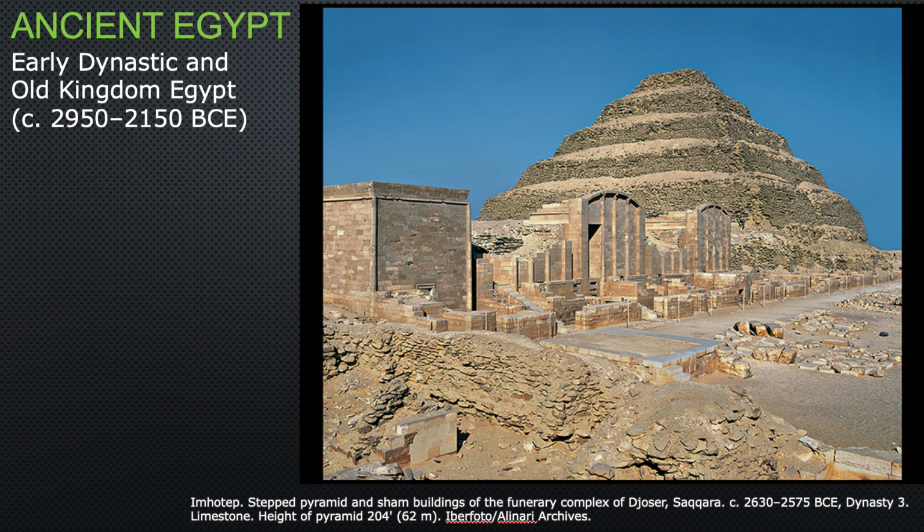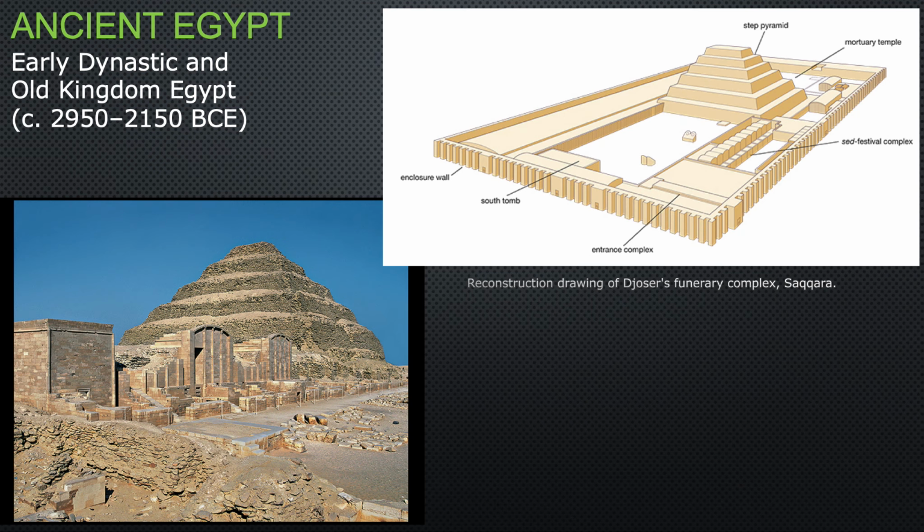So in this, the wall was 34 feet high. There is a courtyard, which you can see on the right. Let's move forward here. So there's that same photograph, but this is a diagram of how it would have looked. So there's a large courtyard over here, and then a smaller one here, which is called the Sed Festival Complex.